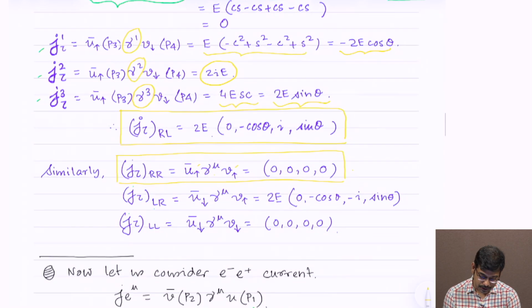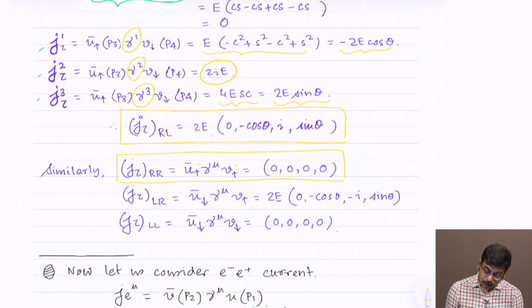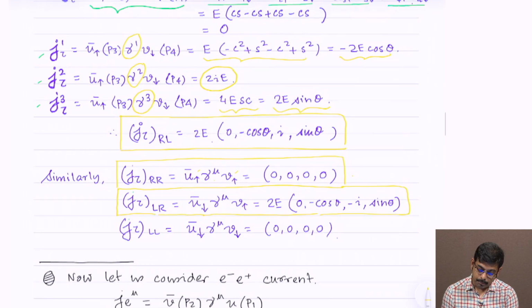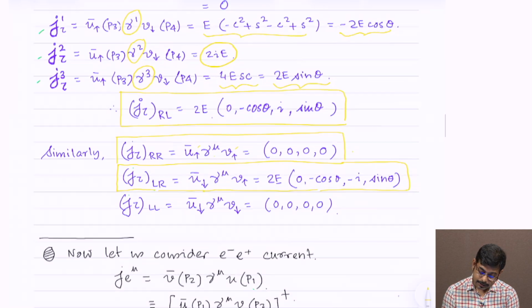This is something that you should check. The other non-zero component is J tau LR, right. Here we are saying that tau minus is left handed and tau plus is right handed, and in this particular case you have to evaluate U bar down gamma mu V up, and this comes out to be 2E into 0, minus cos theta, minus I sin theta.